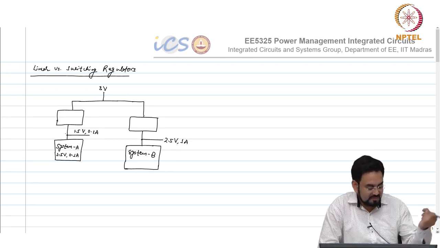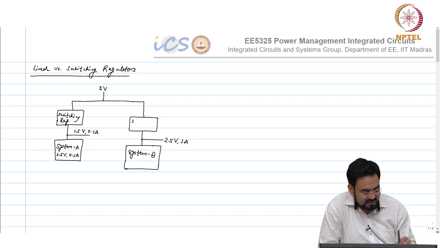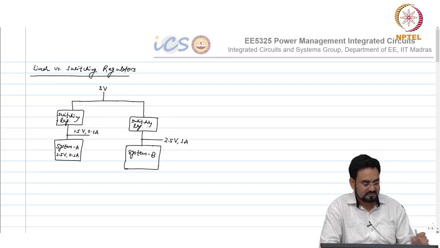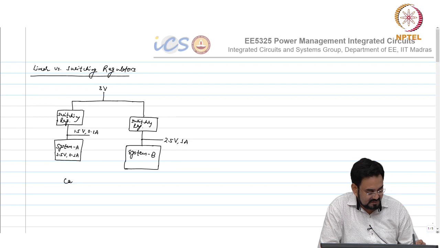One example could be I use a switching regulator here and a switching regulator in this case also. So we have two switching regulators. This is your case 1.